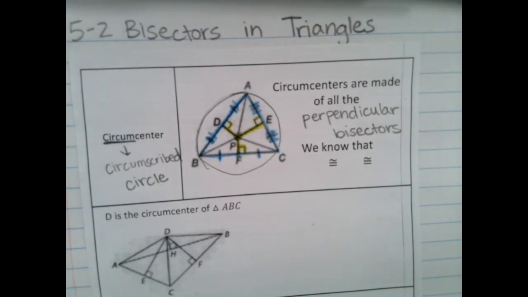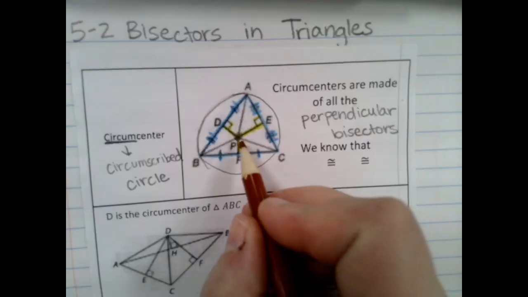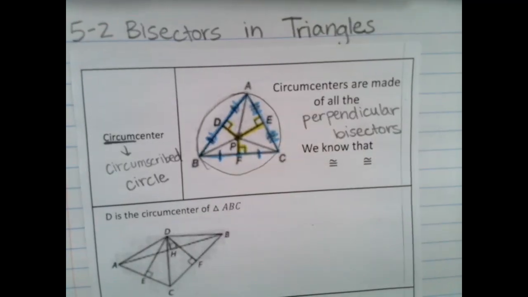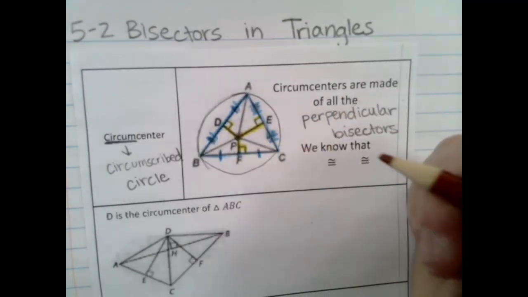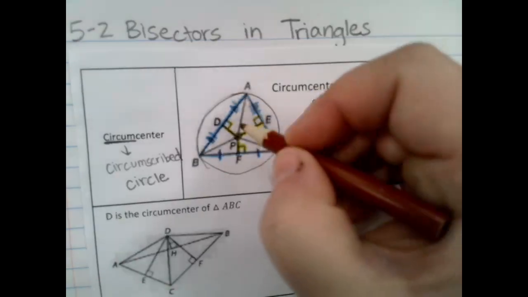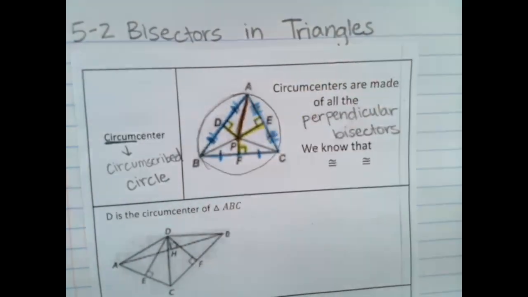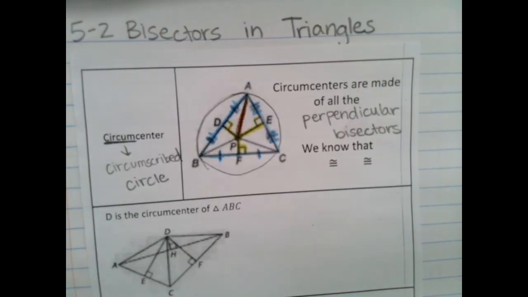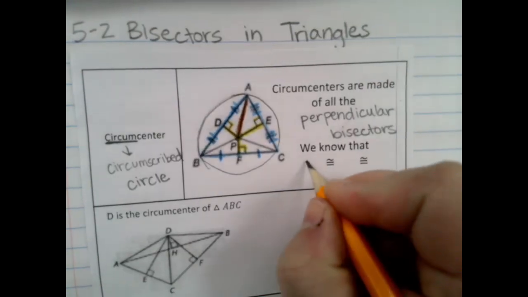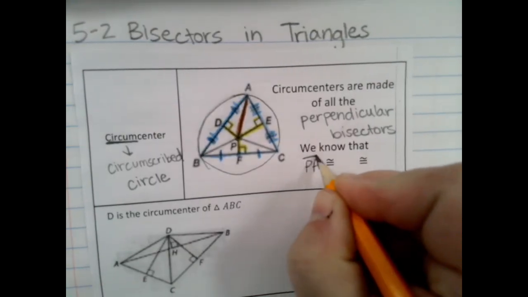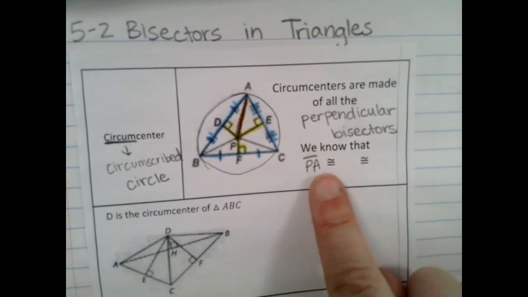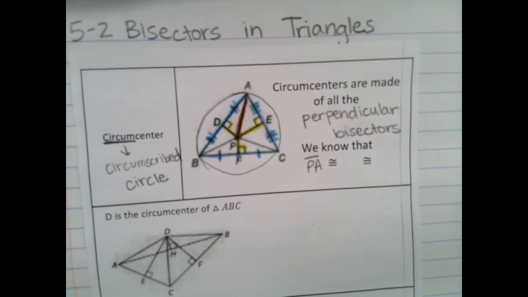In a circle, we know that each radius is the same. So going from the center to the edge would be the same. If I go from the center to the edge of the circle, what point is on the edge of the circle here? A. So if I go from P to A, that's going to be the same as, where's another radius?